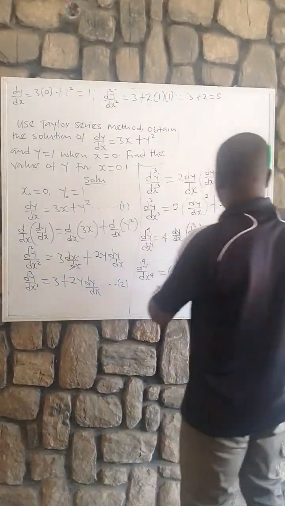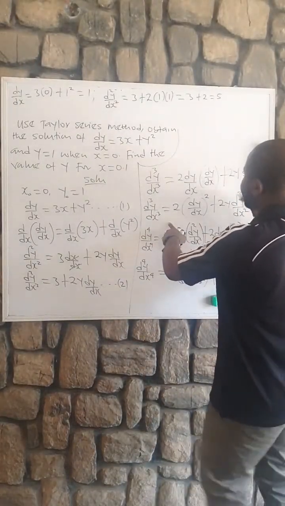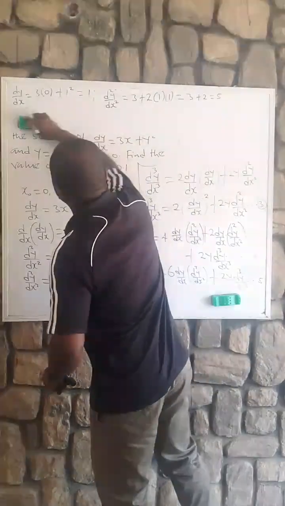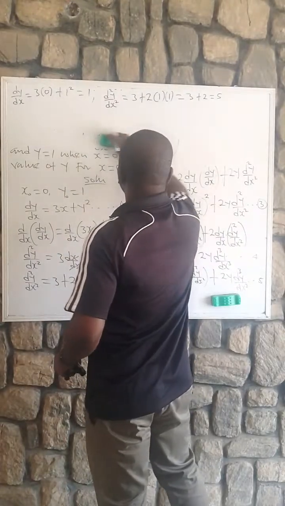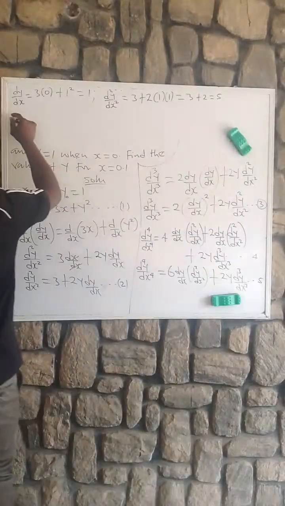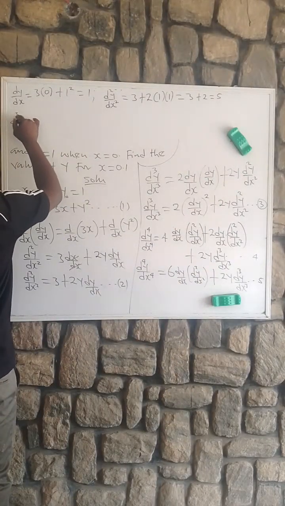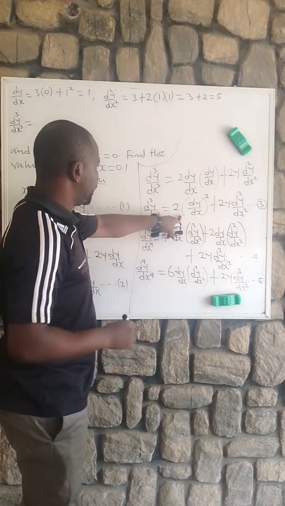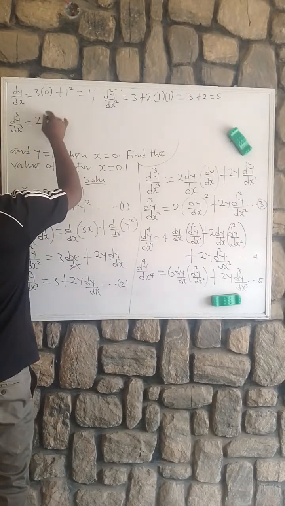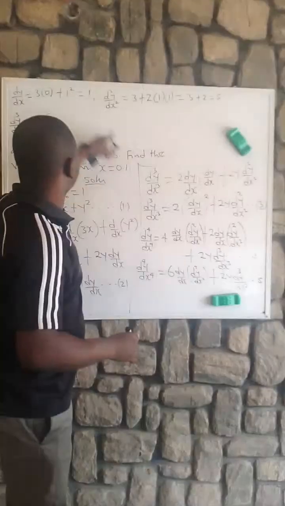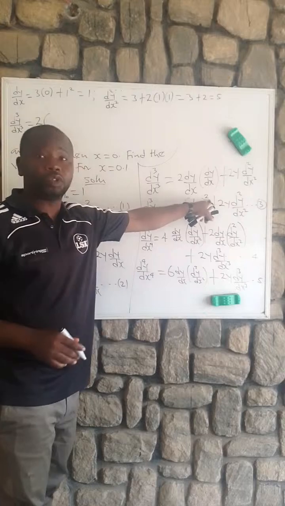Then let us obtain our third derivative. Our third derivative will now be d cubed y over dx cubed, equal to 2 open brackets, our dy over dx is equal to what? 1, but here it is raised to power 2, true or false?